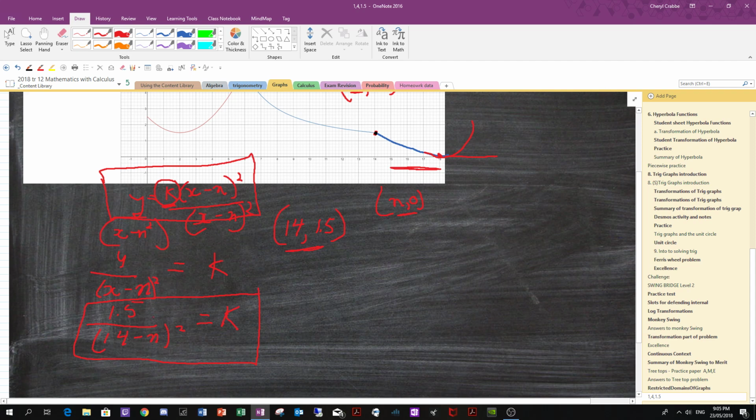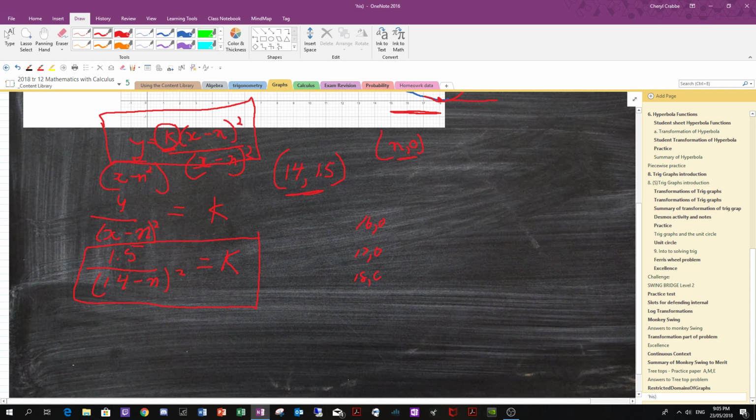If we plug this in for any point, 16 and 0, 17 and 0, 18 and 0, we will be able to figure out what the stretch for this graph is to get it to go from 14 and 1.5 down to the ground. Now we're not quite done yet, because what we want to do is we want to have the entire equation in general terms.